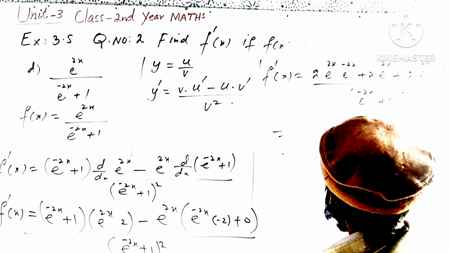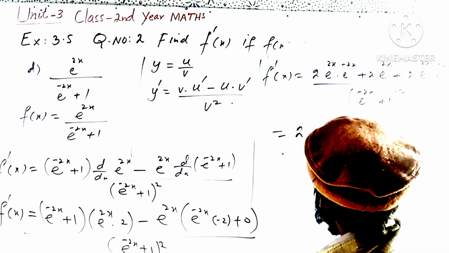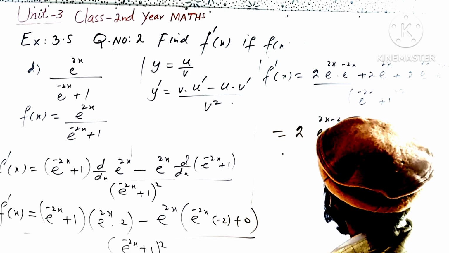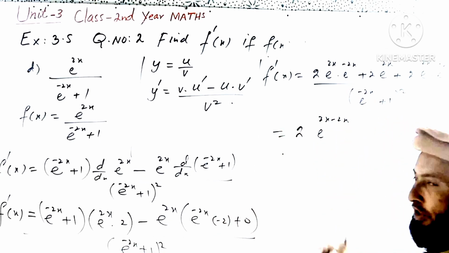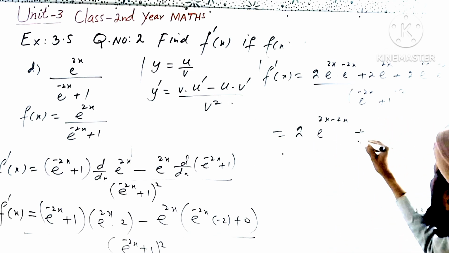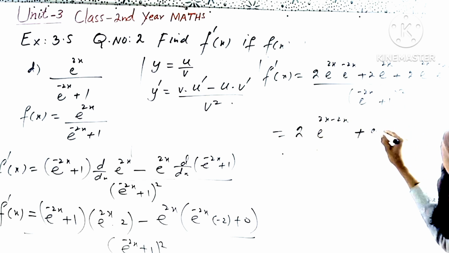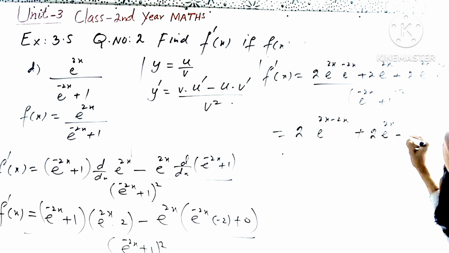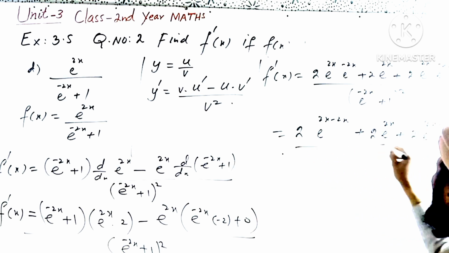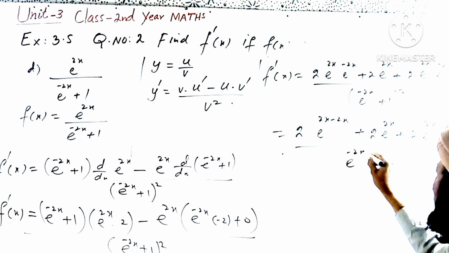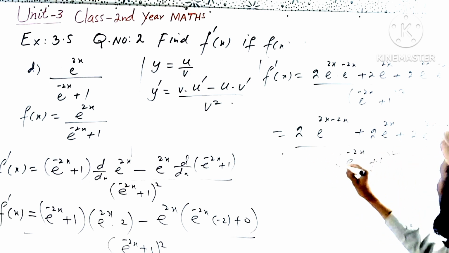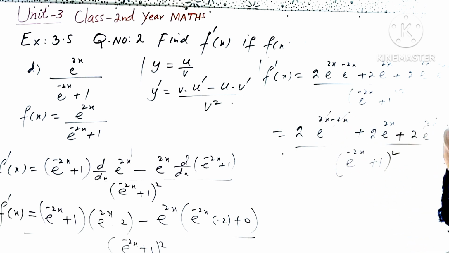So we simplify this result. Now 2 e power 2x minus 2x, this is the same, so we take just one. Similarly 2 e power 2x plus 2 e power 2x minus 2x, divided by e power minus 2x plus 1 whole square. So both are cancelled.